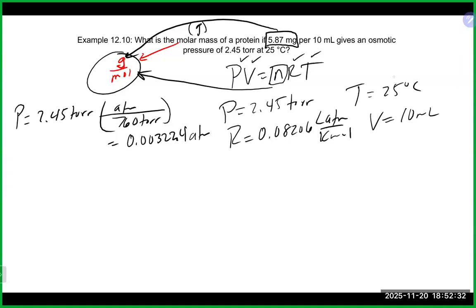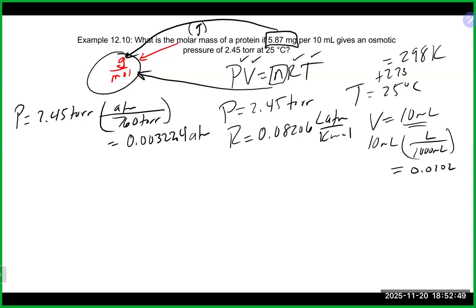Temperature, like anything else, we'll add 273 to it to give us 298 Kelvin. And once again, our volume does need to be in liters. So 10 milliliters, 1,000 milliliters is a liter, is going to get us 0.010 liters.